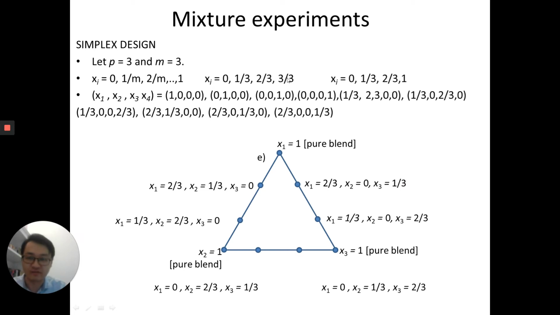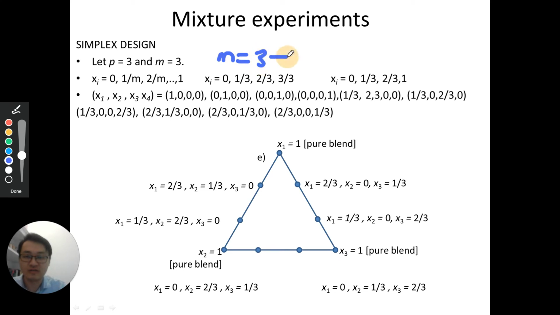So you have 4 proportions, which is m equal to 3 plus 1. So you have 4 proportions. And you will have 1, 2, 3, 4, 5, 6, 7, 8, 9, 10, a total of 10 runs. This is the design when you have 4 proportions.